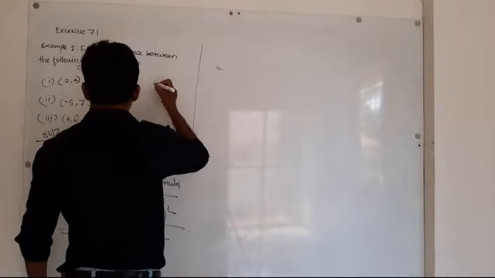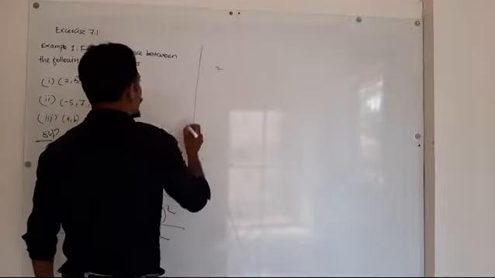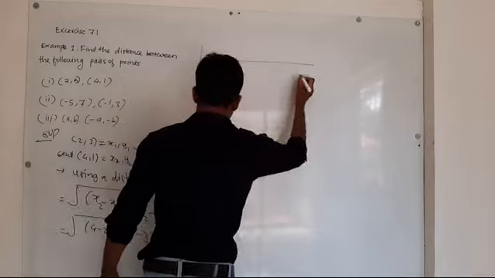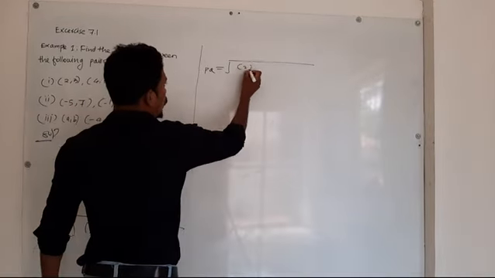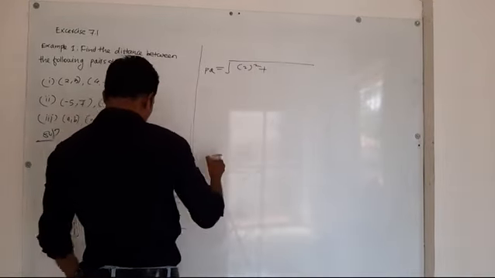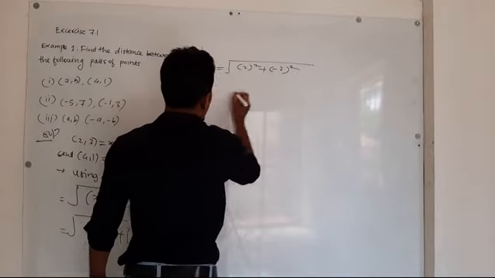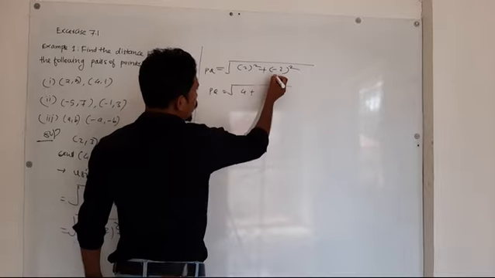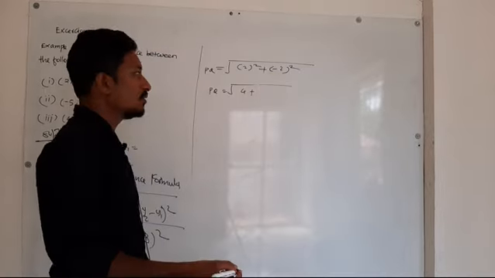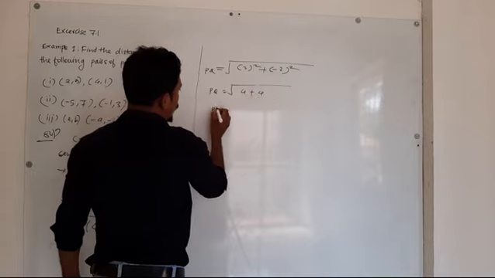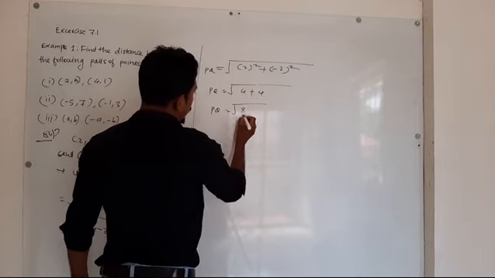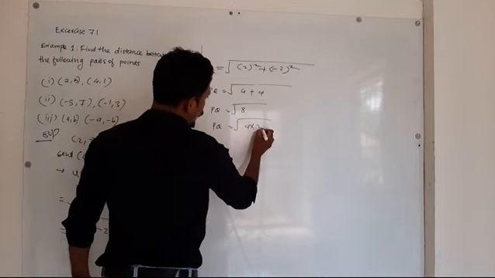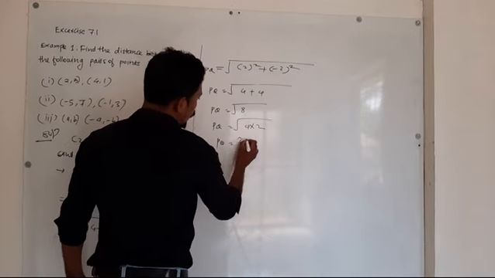Let the distance be PQ. PQ equals the square root of (4 minus 2, that is 2) squared plus (1 minus 3, that is minus 2) squared. The square of 2 is 4, and a square is always positive, so that is 4. PQ equals the square root of 8, which is the square root of 4 into 2, so PQ equals 2 root 2.